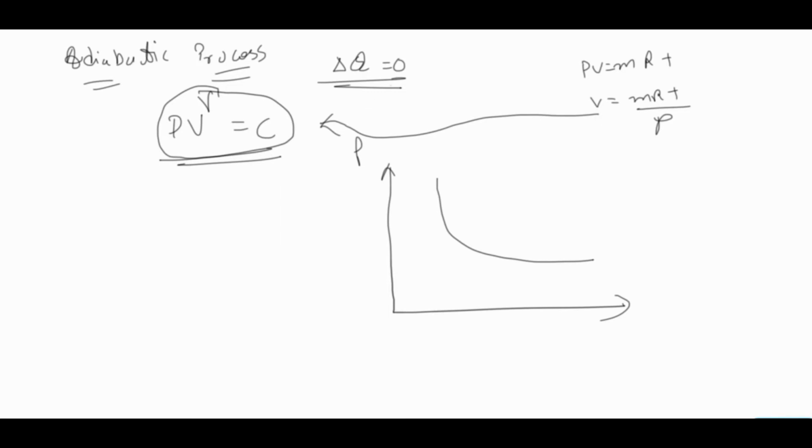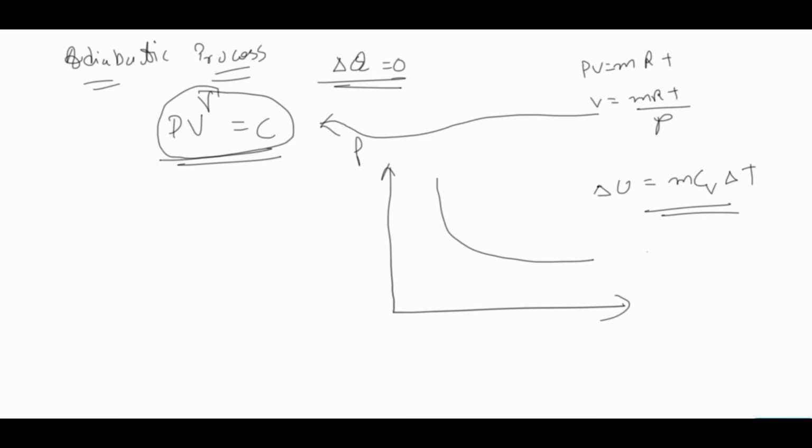In this case, specific heat, delta U is mCV delta T, and then the work done. Important thing is work done here.